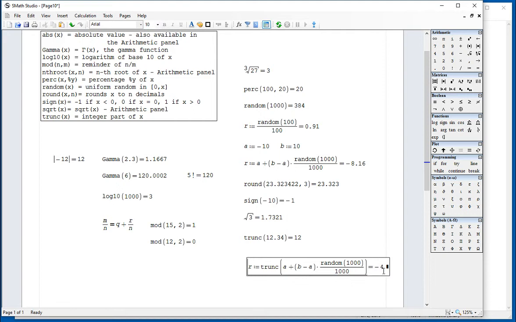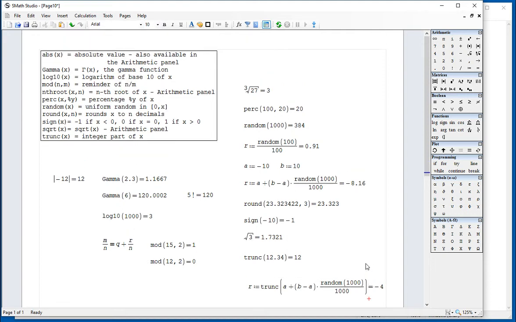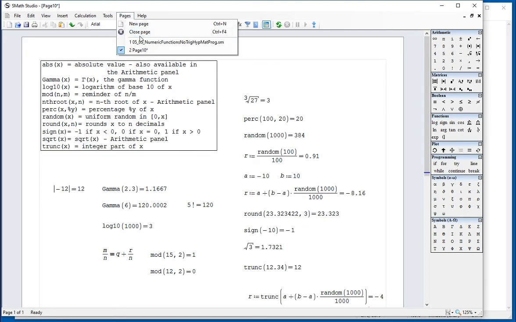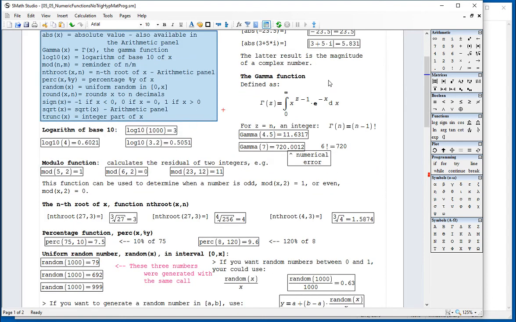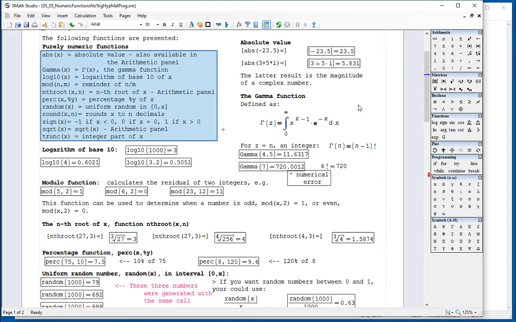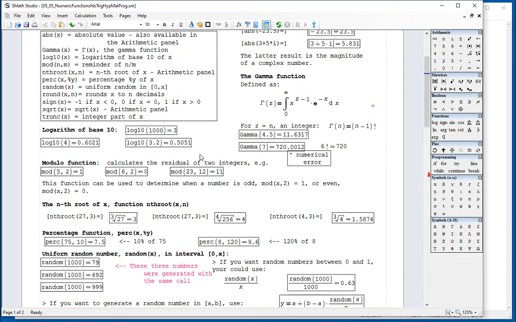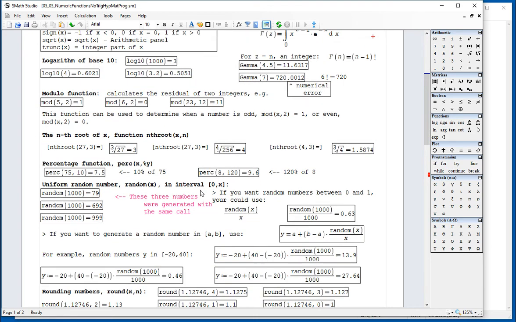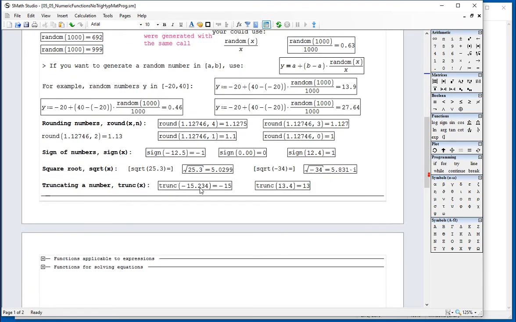And then if you want a random number between A and B, what you have to do is redefine your random number as A, the lower limit, plus B minus A, multiplied by the random number, and then you decide after what number you want to go. So let's say 1,000 divided by 1,000.